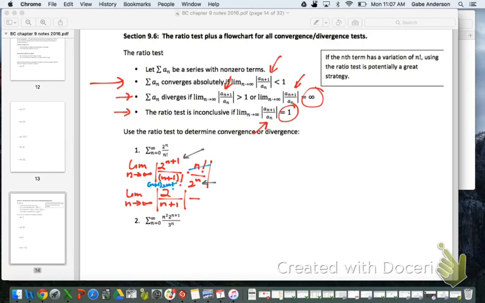Okay, and then looking at this as I apply the limit as n goes to infinity, the numerator is held constant and the denominator is increasing without bound, therefore the value of the fraction is approaching 0. And of course 0 is less than 1, so you'd say therefore the series converges by the ratio test.